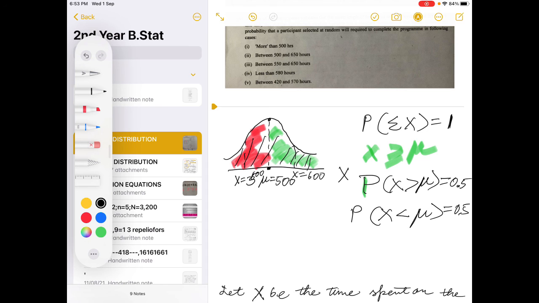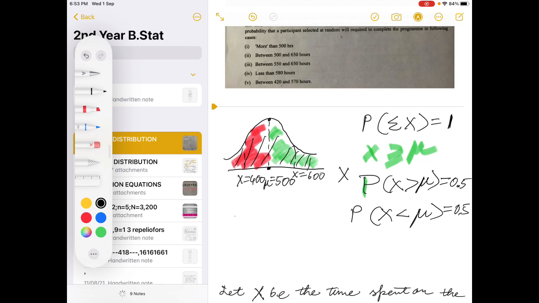So whether it is mean plus 100 or mean minus 100, the probability from 500 to 600 is the same as the probability from 400 to 500.